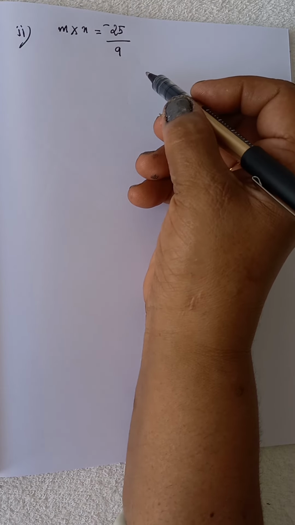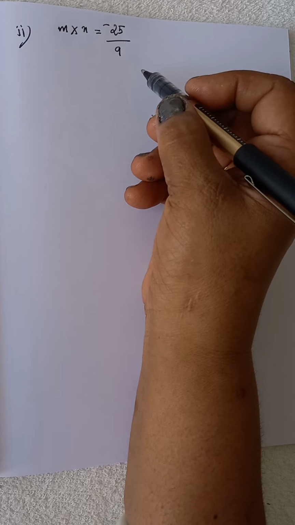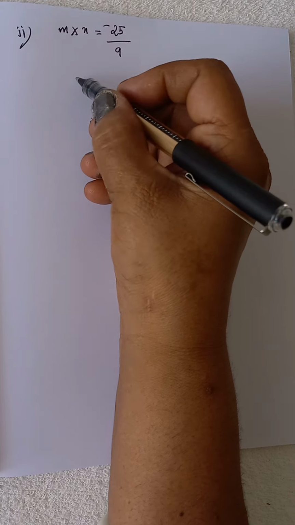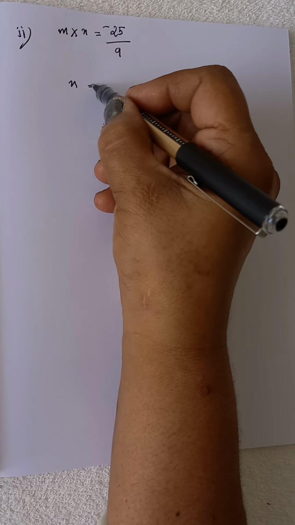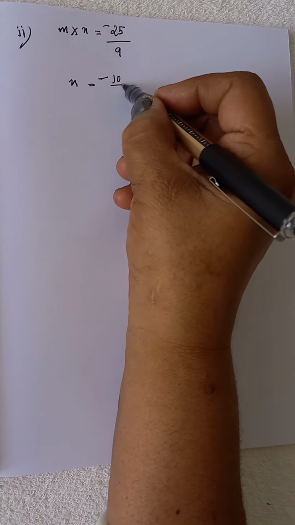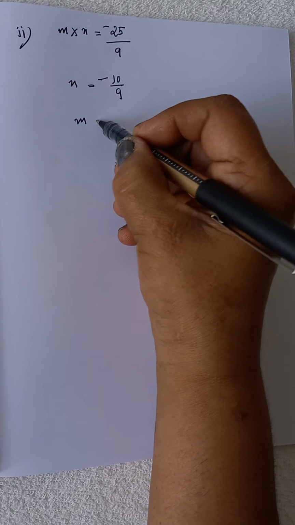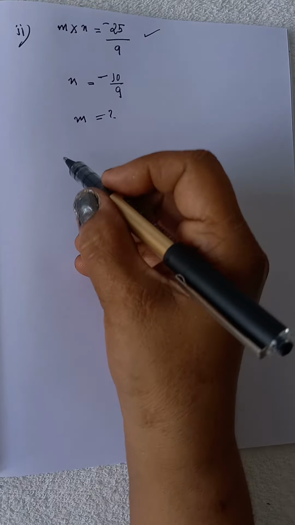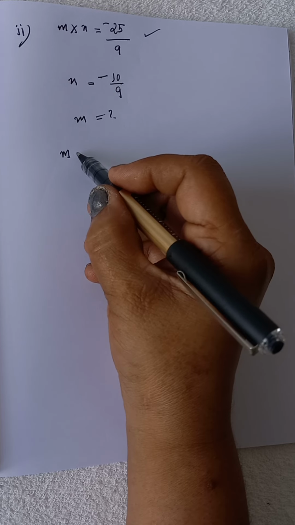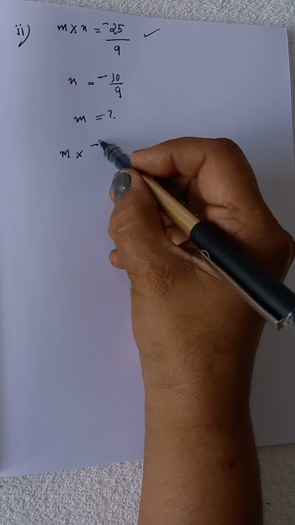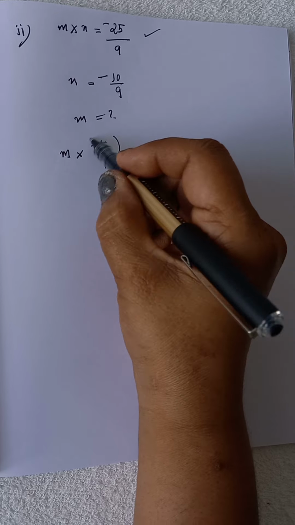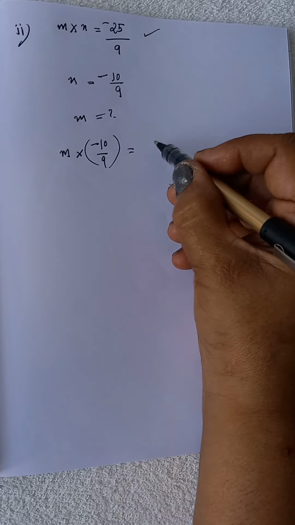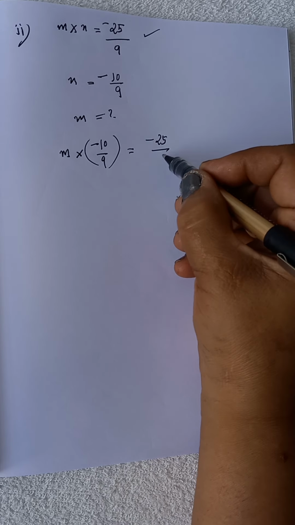Now, it is given that M into N is equal to minus 25 by 9. In the second part, it is given that N is equal to minus 10 by 9. We want to find M. So let us put the value of N here. M into N, minus 10 by 9, is given as minus 25 by 9.